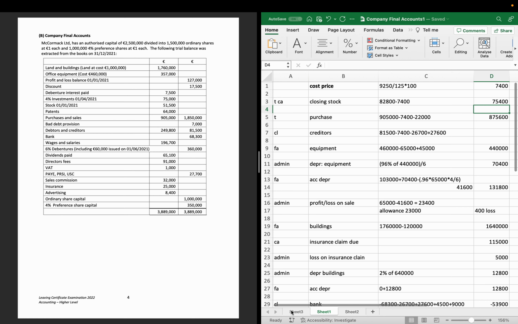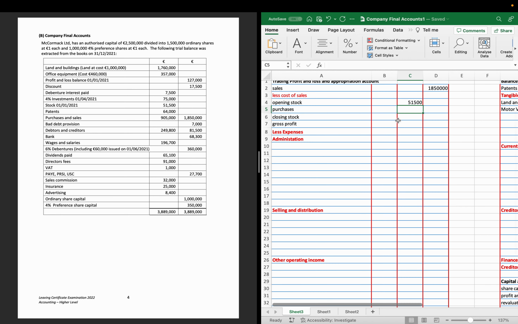So 8756. And the closing stock is 75.4. So we'll just take them away. You get 998,300.